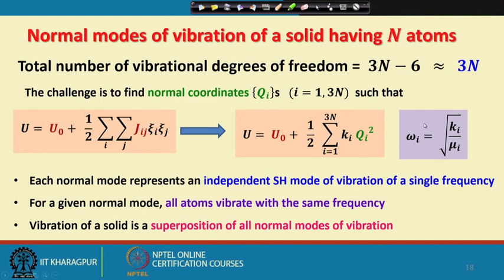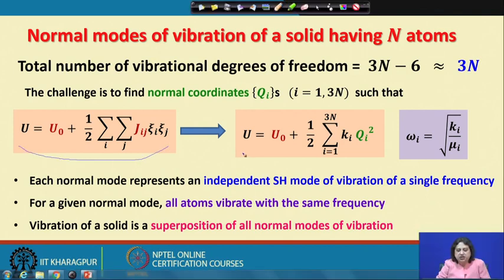So, what we are trying to do is replace this representation by this representation, and it is indeed a challenge to find these normal coordinates q_i, which will have these intrinsic angular frequencies ω_i, such that the total potential energy can now be represented in terms of 3N independent simple harmonic oscillators.